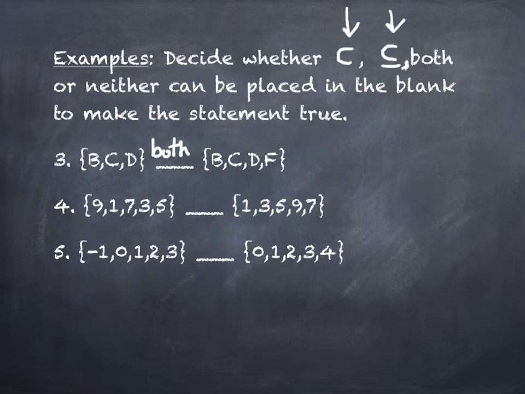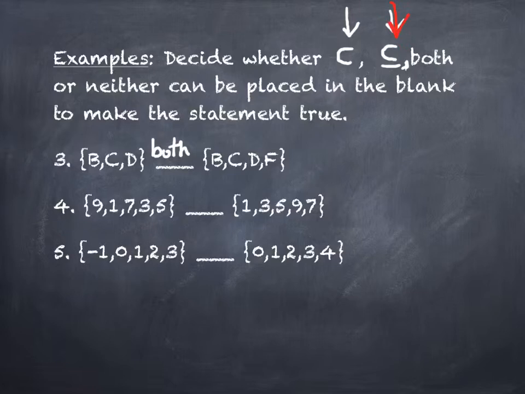Number 4 shows a set 9, 1, 7, 3, 5 on the left and a set 1, 3, 5, 9, 7 on the right. And if you rearrange these or double check to make sure, they are in fact the same set of numbers, the same exact numbers on the left and on the right. So we do know that every element on the left is an element on the right, which means the subset notation that we mentioned before can be used for sure.